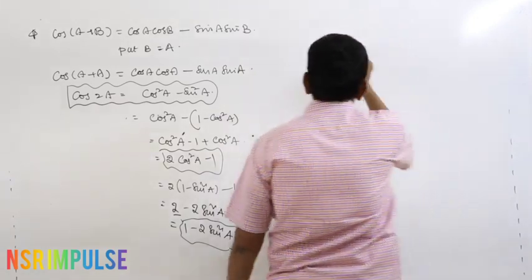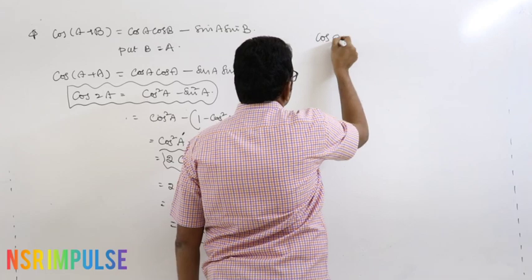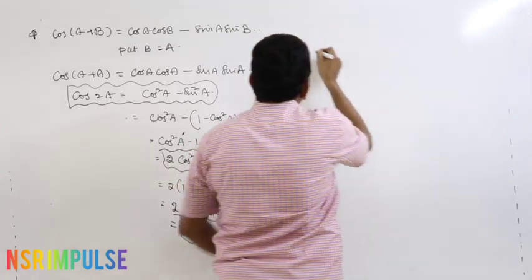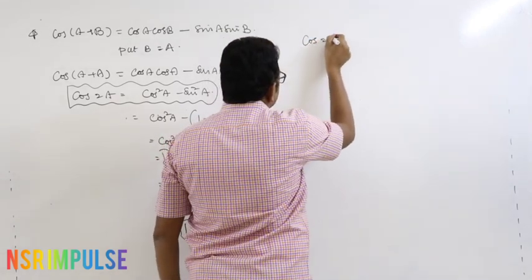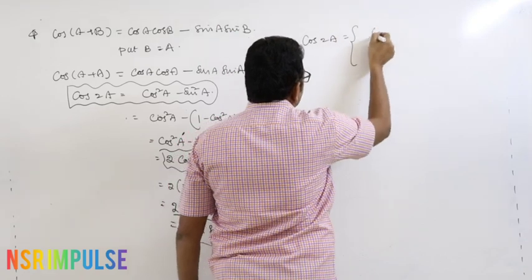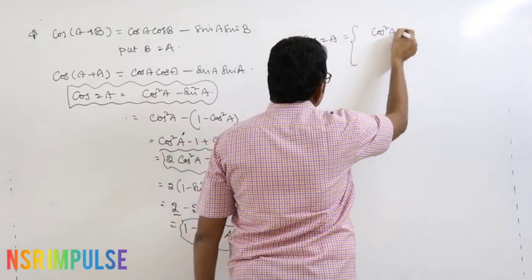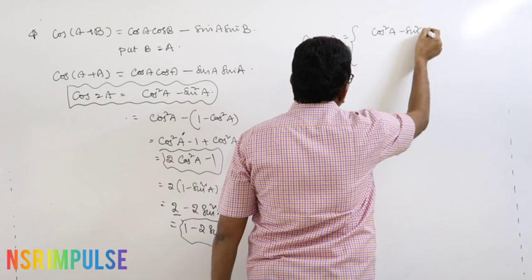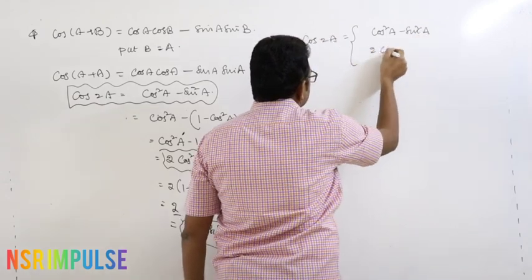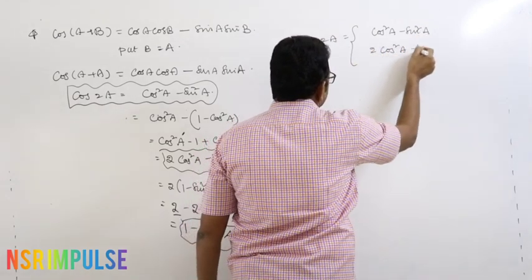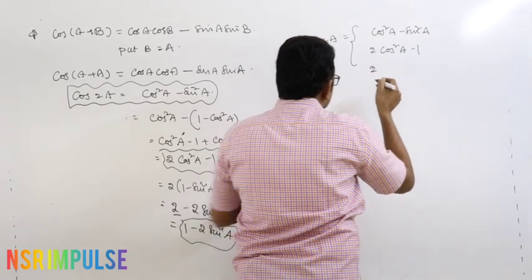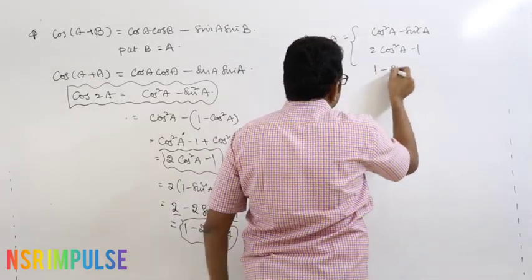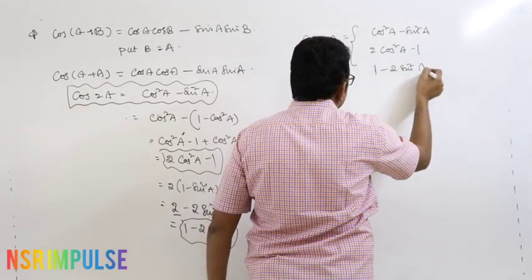Therefore cos 2a is equal to cos square a minus sin square a, or 2 cos square a minus 1, or 1 minus 2 sin square a.